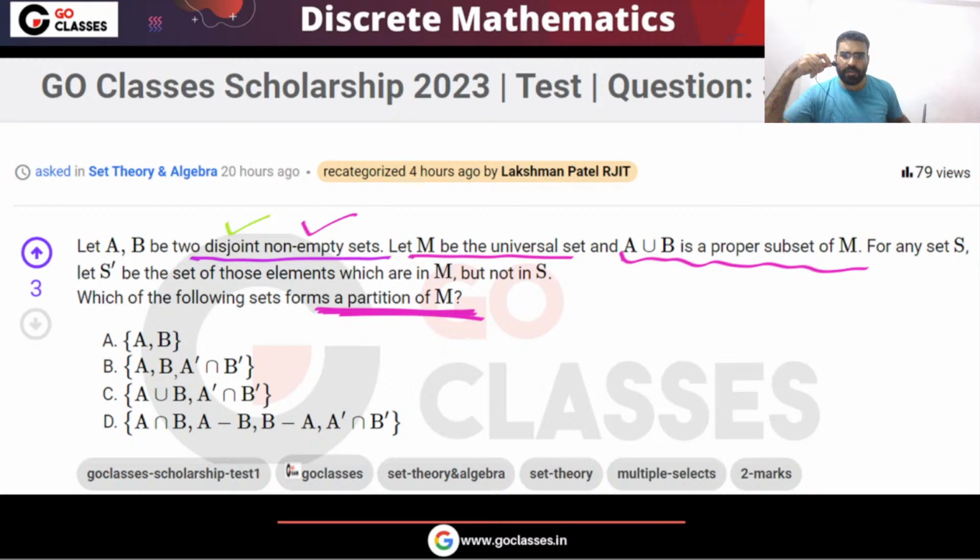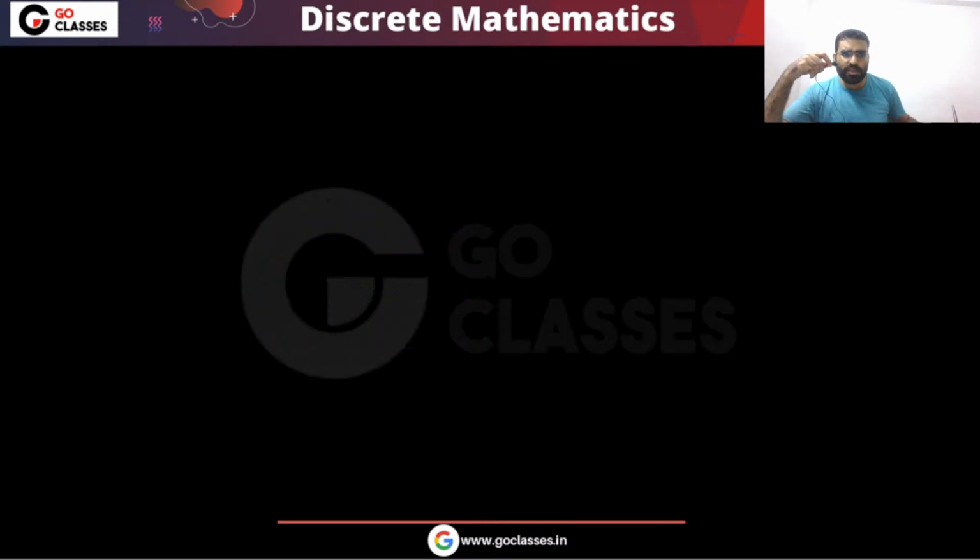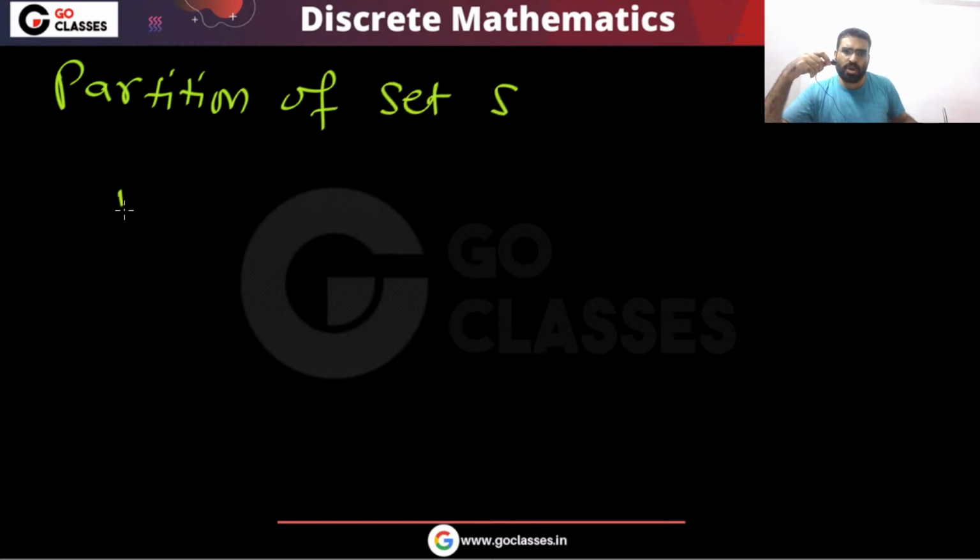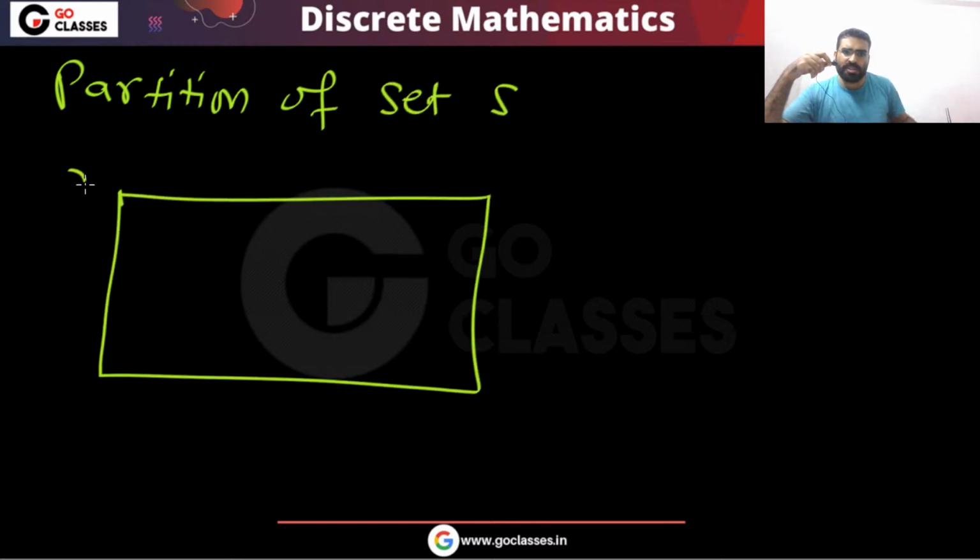Partition of M. So first you tell me, we have already seen what is the partition of any set. Partition of a set S. Let's assume you have a set S. Then what is a partition? Partition means this set S you are dividing into this type of parts.